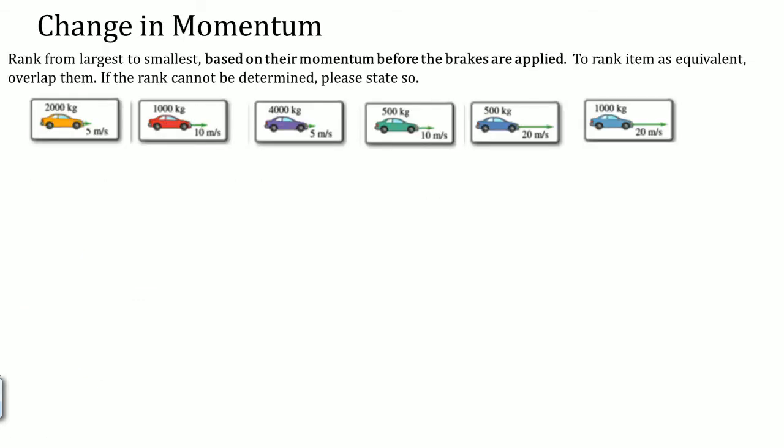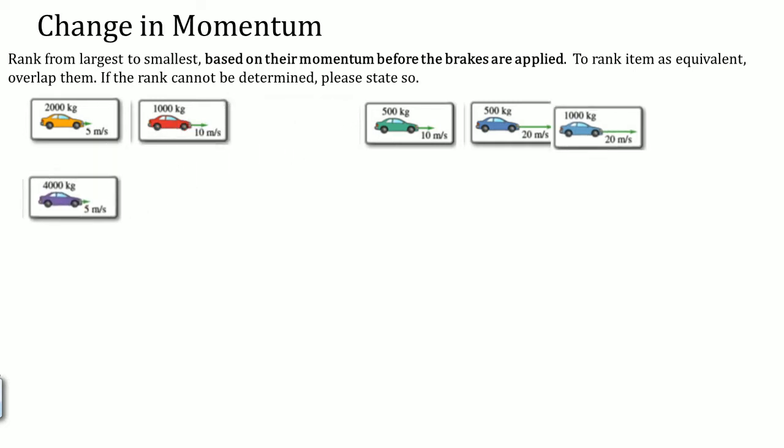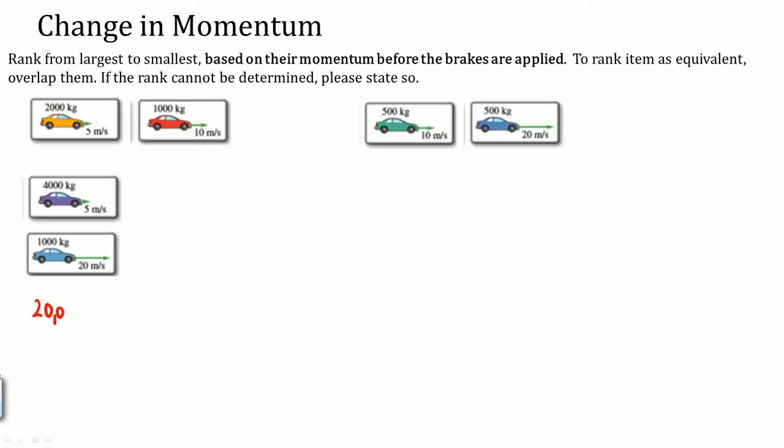Now we can take a look at this. You're going to rank from the largest to the smallest based on their momentum before the brakes are applied. To rank if it's equivalent, just stack them on top of each other. Okay, so let's take a look. So the two large ones are these, and if you multiply them, it should get you roughly 20,000 kilogram meters per second.